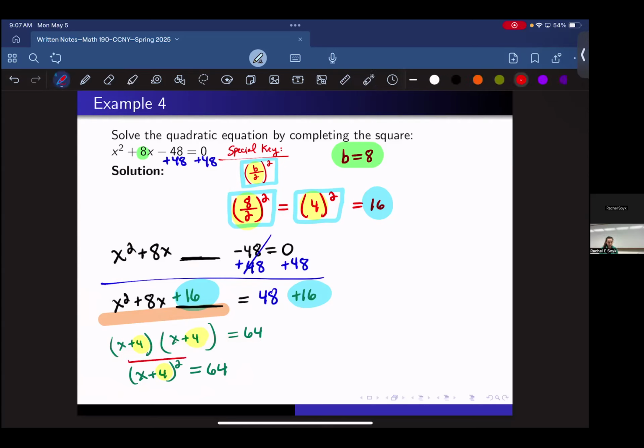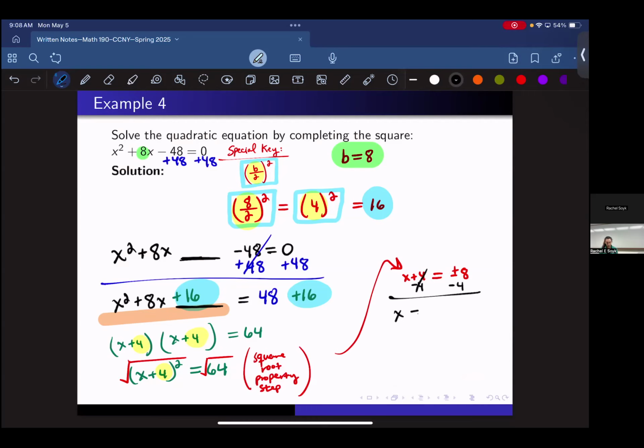Take the square root of both sides. So we have x plus 4 on the left-hand side. Square root of 64 is plus or minus 8. And our very last step is we're going to subtract 4 from both sides.